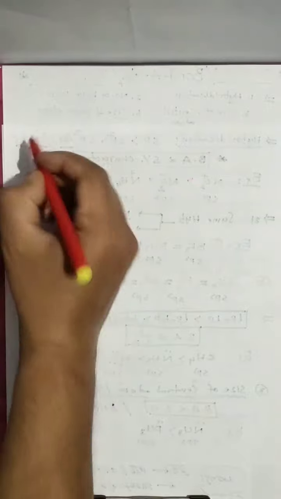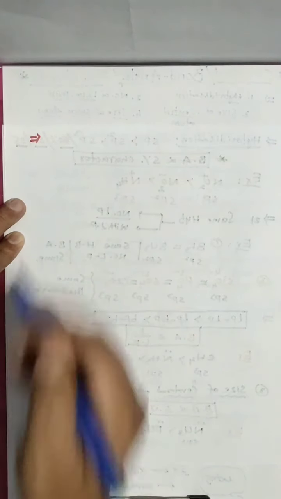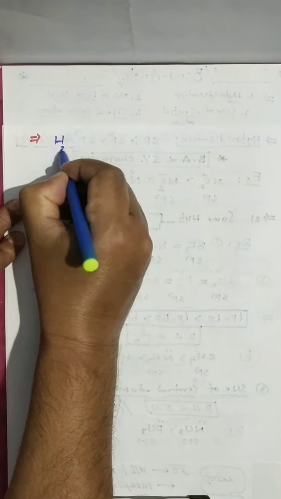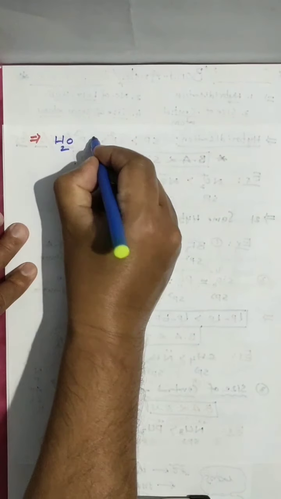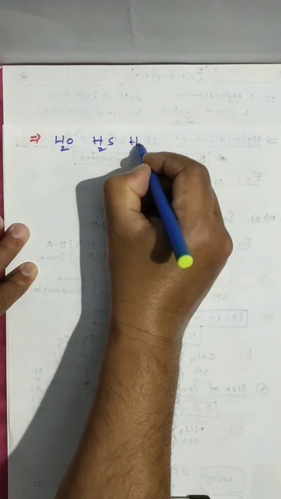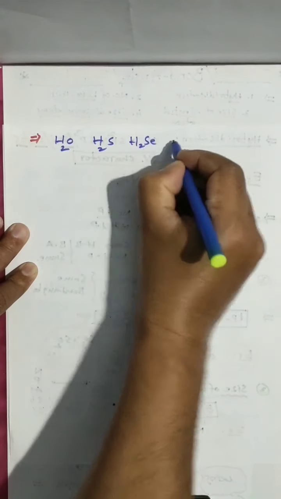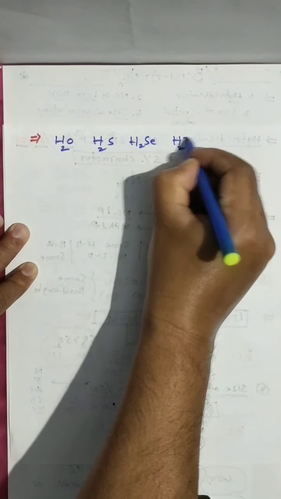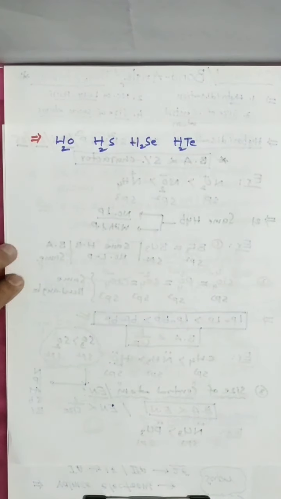What does the best example mean? I am taking H2O, H2S, H2Se, H2Te. These are given to you.